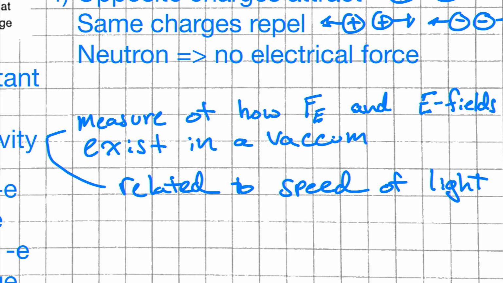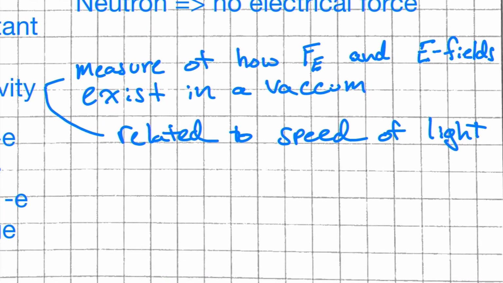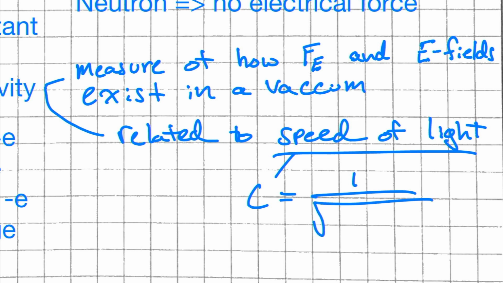The speed of light in physics is represented by the letter c, and c is 1 over the square root of epsilon naught times another constant, mu naught, which we will study later in the semester, that relates to magnetic fields in vacuums.